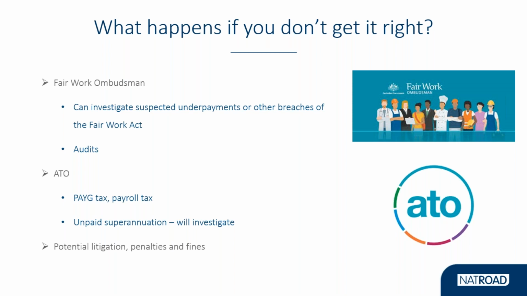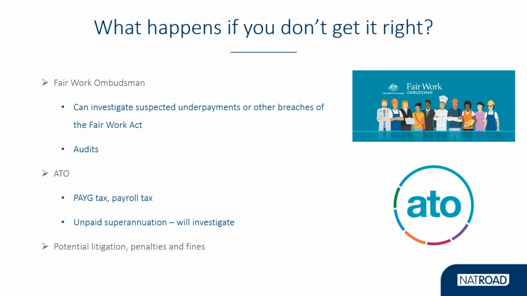The ATO also, from a PAYG tax perspective and payroll tax, a hidden one which even I wasn't fully aware of until recently. If you're late in making superannuation payments, then not only does the superannuation guarantee apply, it also changes complexity. Rather than superannuation based on ordinary time earnings or OTE, if you haven't paid it in time, part of the process then is that the superannuation that is required to be paid is actually on gross income.